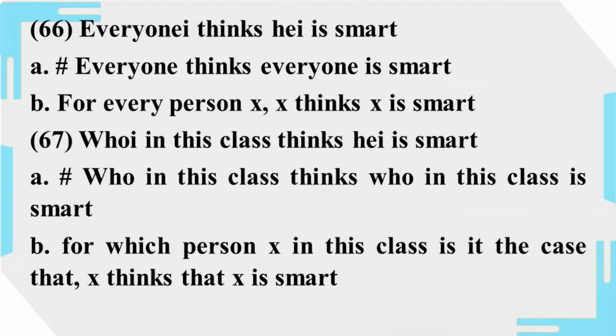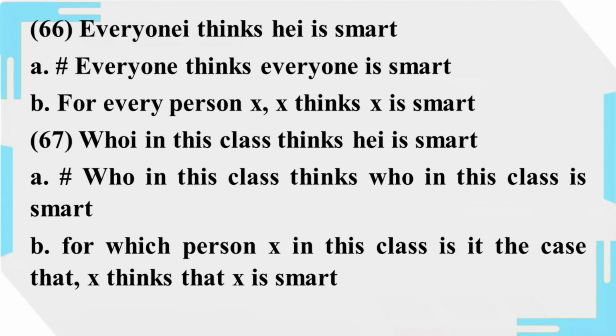Who in this class thinks he is smart? Who in this class thinks who in this class is smart? For which person X in this class is it the case that X thinks that X is smart? These special translations are needed when the antecedent of the pronoun is a quantified expression, that is, a DP with a T, such as no or every or each.